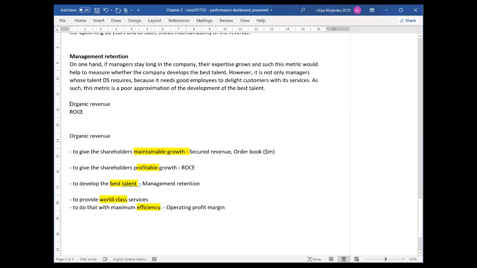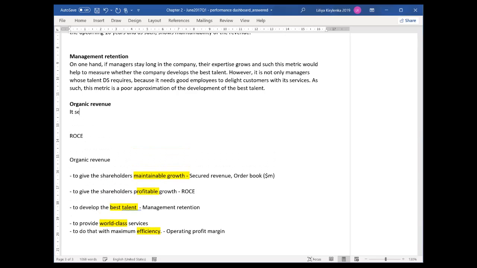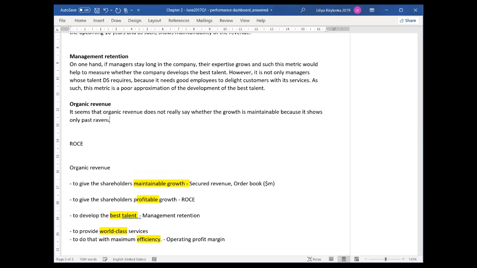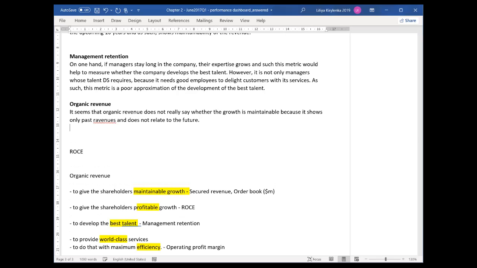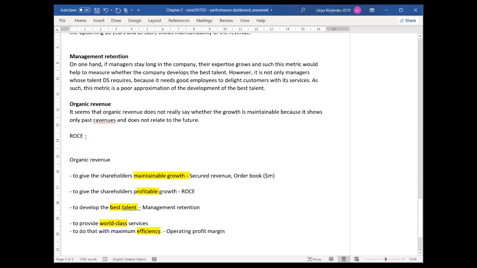So organic revenue does not really say whether the growth is maintainable, because it shows only past revenues and does not relate to the future.